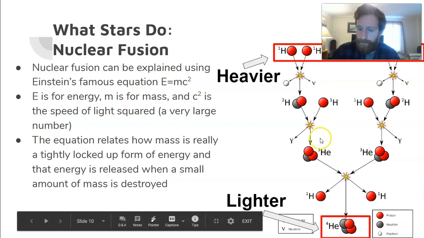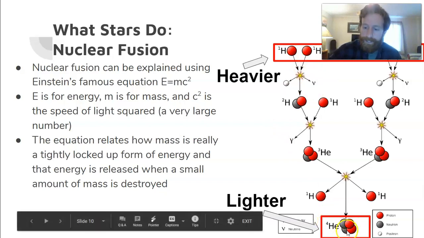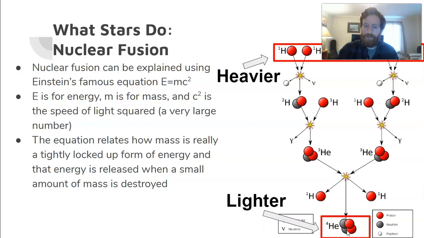You kind of flow from top to bottom through this. So the 4 pieces going in are heavier than the 1 piece coming out. And that means that some amount of mass must have been destroyed, and that mass was converted into energy. It's a confusing and not an intuitive concept at all.